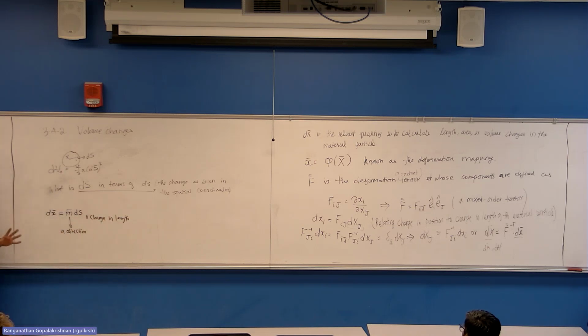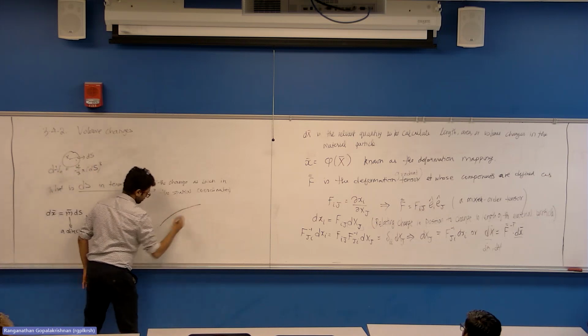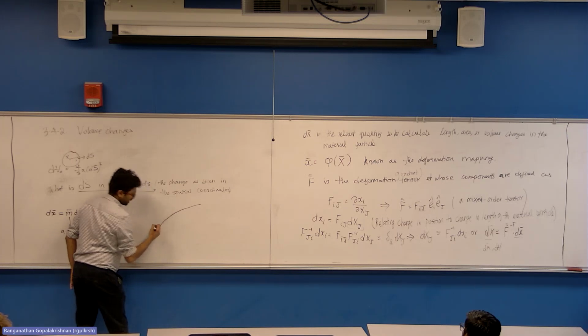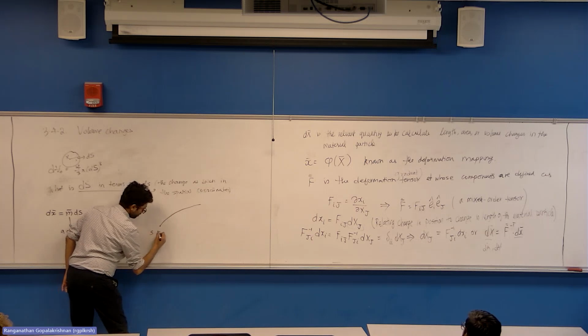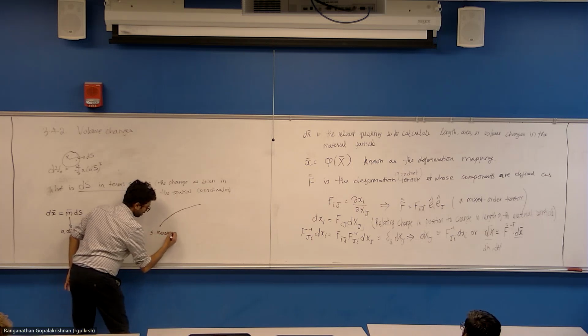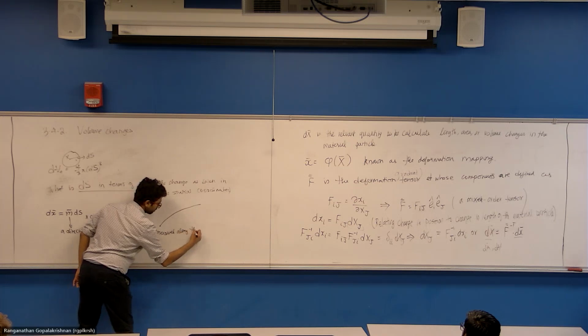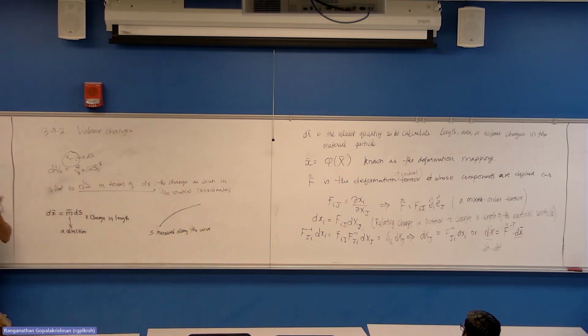So I'm going to ask the question here, a basic vector algebra question. Suppose you have a curve, okay, and we say that this curve has a position coordinate s measured along the curve. What does that sentence mean?